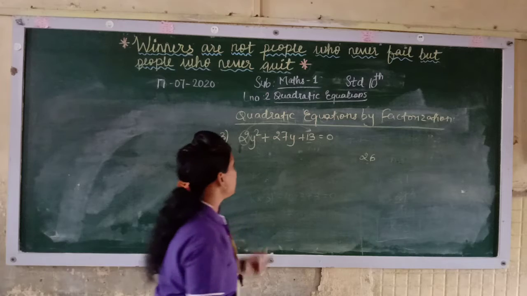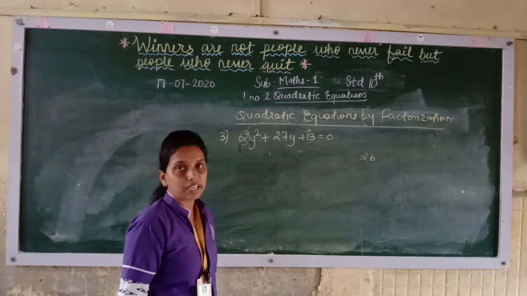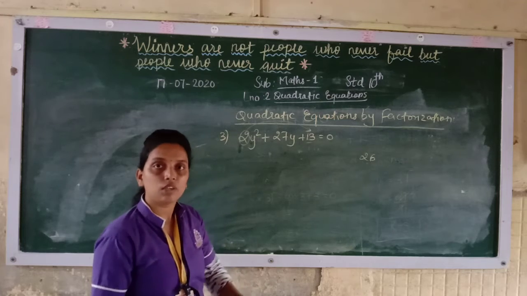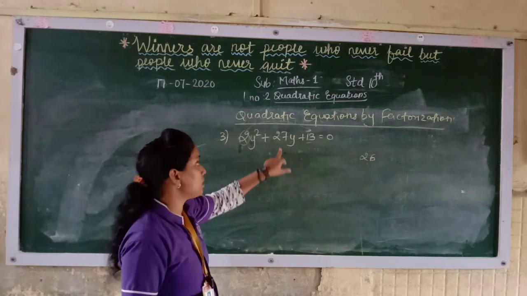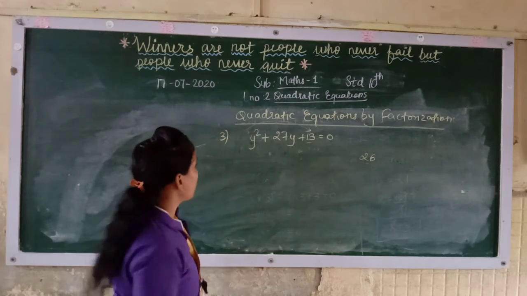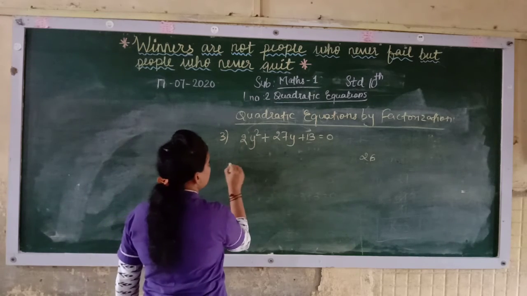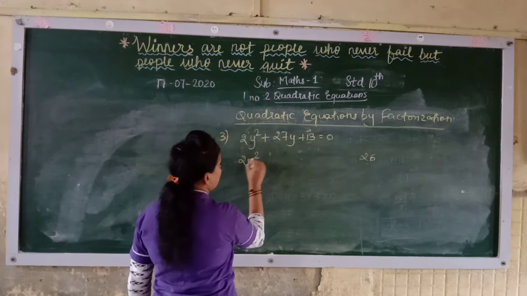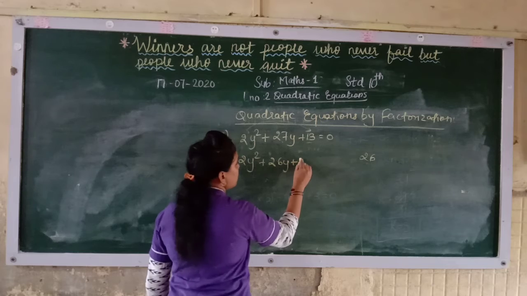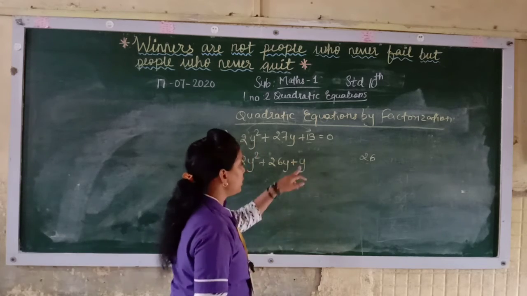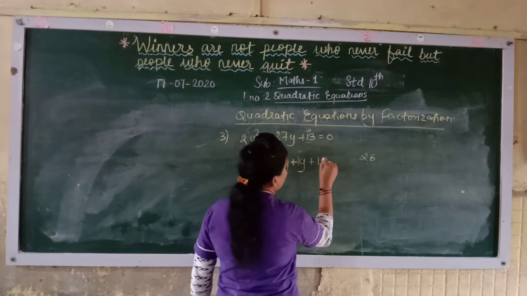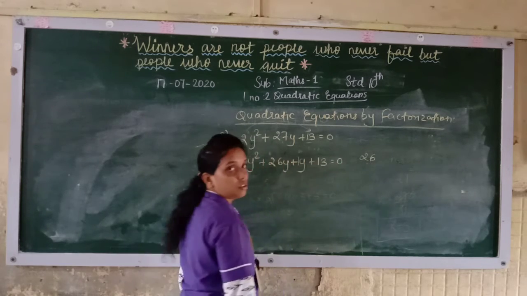Now this 26 you have to arrange so that you will get plus 27. Now how can you arrange 26? 26 ones are 26, and 26 plus 1 is 27. So this will become 2y square plus 26y plus y. Nothing is there means 1 is there, you can write 1 also. Plus 13 equal to 0.